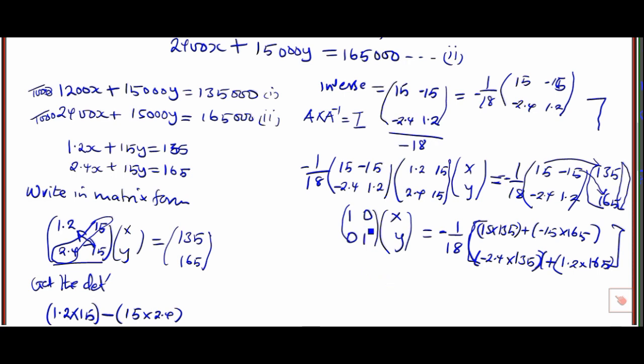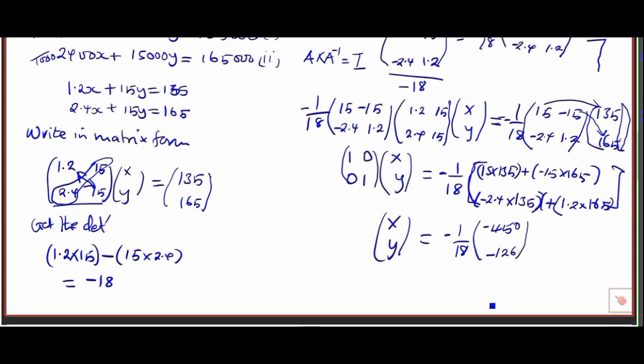But beginning with the left hand side, if you multiply this unit matrix by xy, you shall get xy on this side, and then you shall have negative 1 over 18 into, if you simplify these, negative 450 and negative 126.